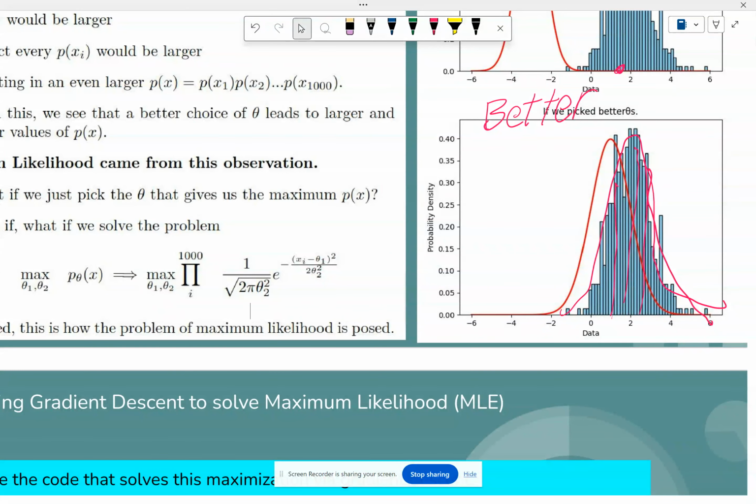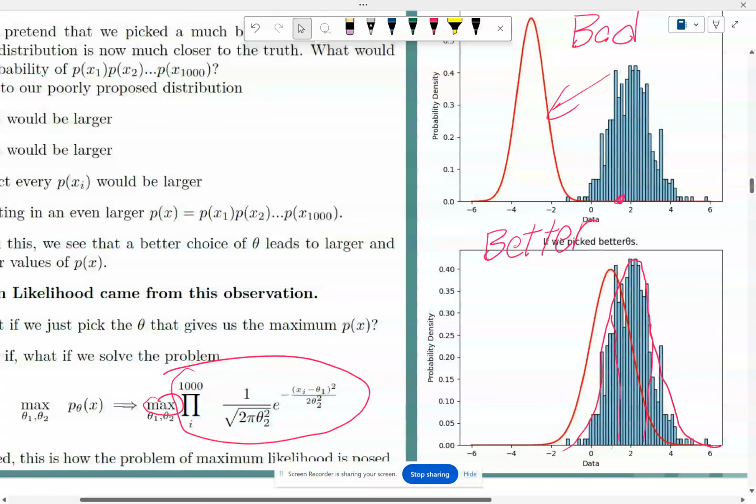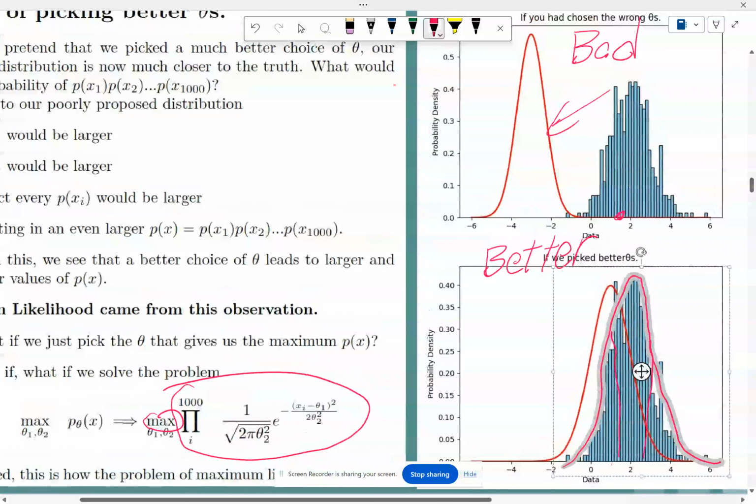If you were to find those that maximize the likelihood, that would be equivalent to finding whatever theta 1, theta 2, such that the probability will fit perfectly, right? When it fits perfectly, that's when the probability is maximized. Whereas when you have a bad guess, your probability is going to be very, very small.